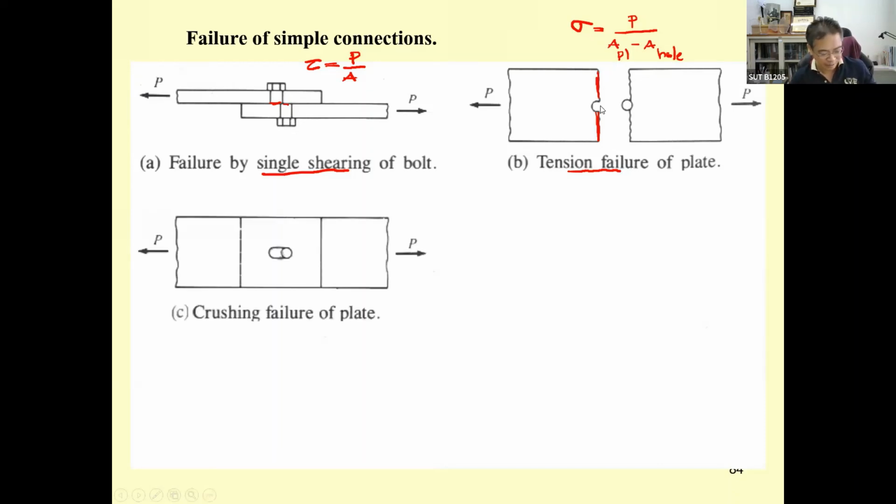Next, the failure may also occur in this form. Let me put it over here. If this one is very thin, the plate is very thin, what occurs is the plate may be buckling like this.